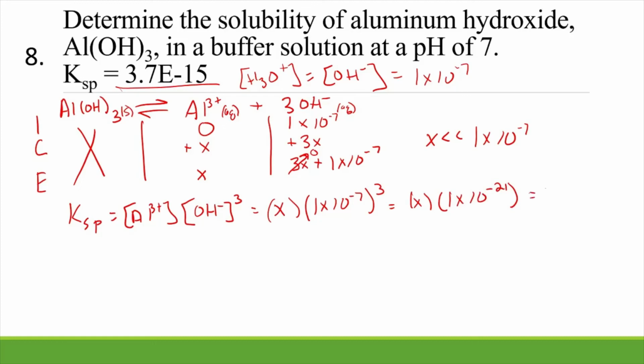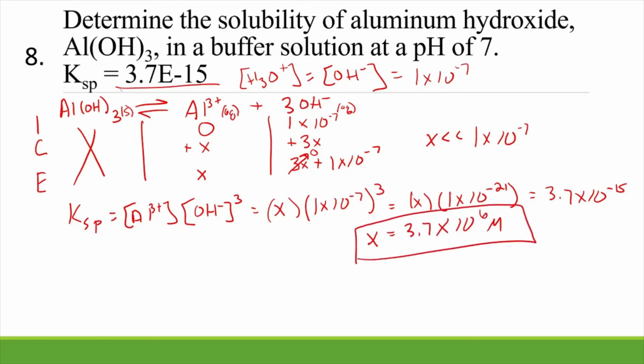And that is equal to Ksp, which is 3.7 times 10 to the negative 15. Solving for X, we get that X is equal to 3.7 times 10 to the 6th molar. That is a lot of aluminum hydroxide. So aluminum hydroxide with that pH of 7 has pretty good solubility.